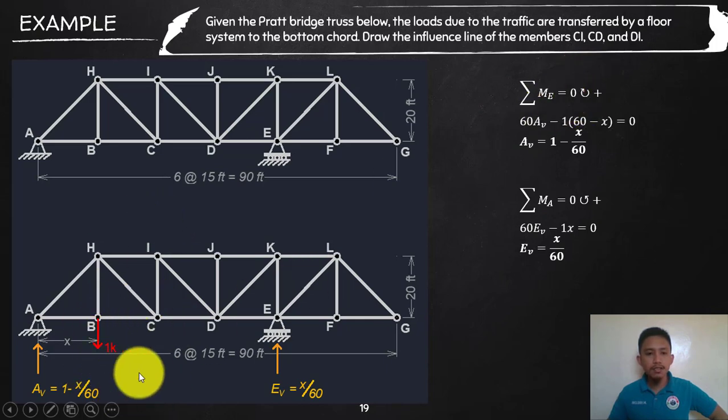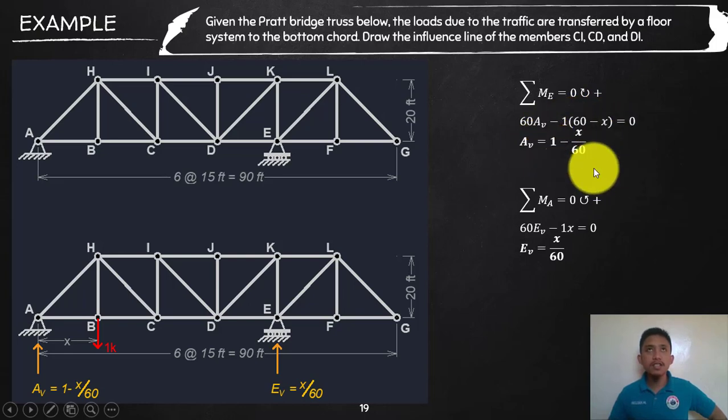And then the 1 unit load will create a counterclockwise moment, and the moment arm, since that is moving and x is from A, and A to E is 60, we can write the distance as 60 minus x. That is the moment arm of your 1 kip, or 1 unit load, which is negative since it is opposite the positive assumption. Then with simple algebra, your AB will end up as 1 minus x over 60.